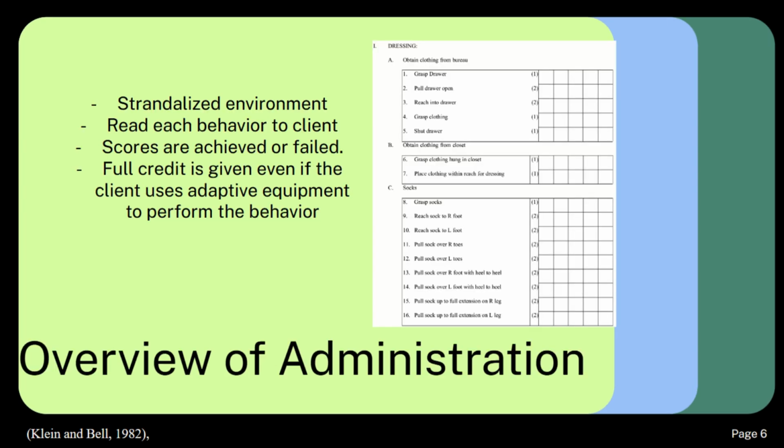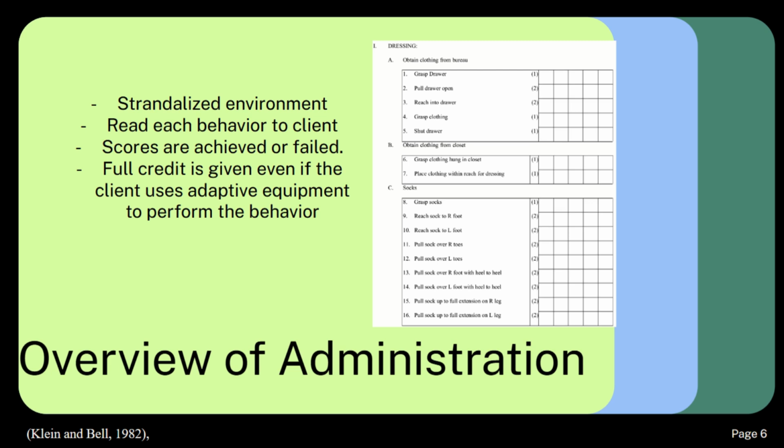When you perform the administration part of the assessment, you want to prepare the environment, whether it's outpatient or within the client's home. To perform the assessment, you read each behavior to the client and have them perform the behavior back to you.